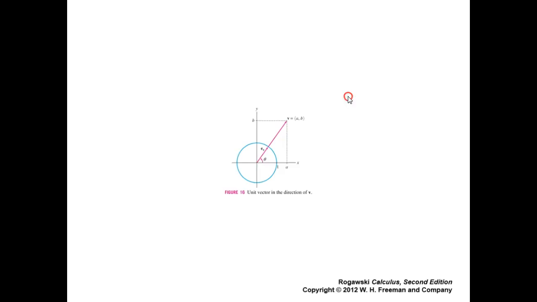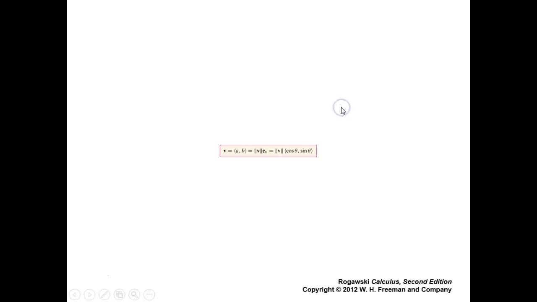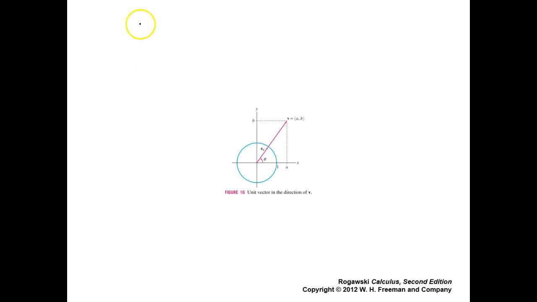Oh, when I do this, it's going to shrink. Okay. Magnitude of v is the square root of a squared plus b squared.